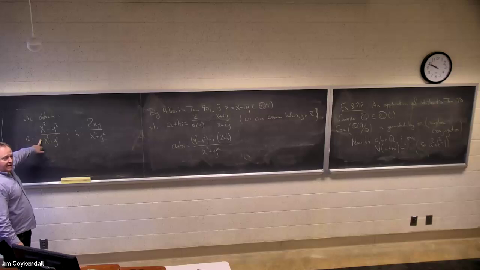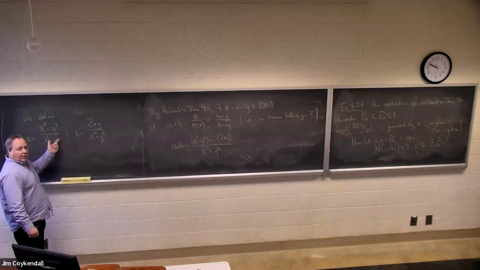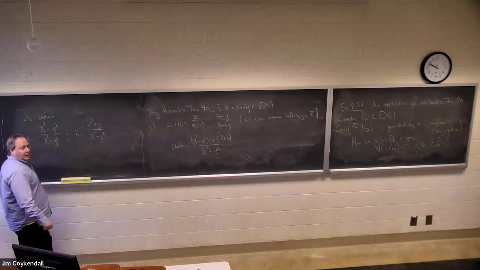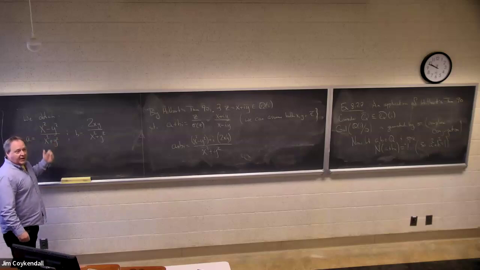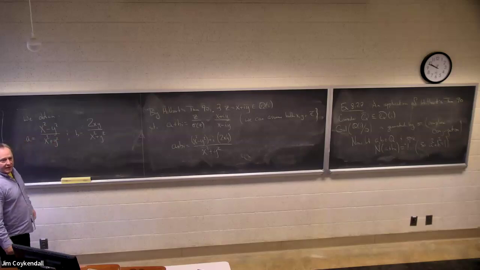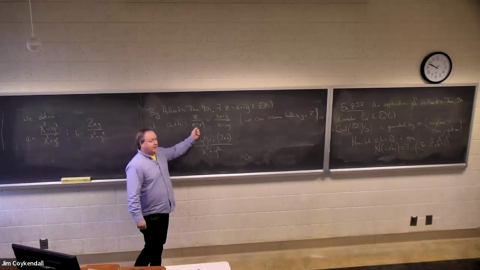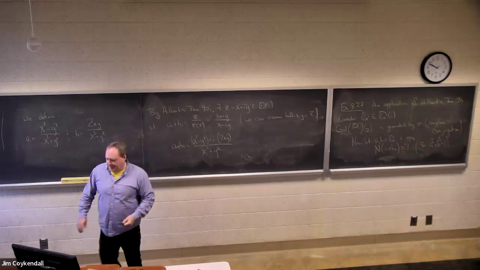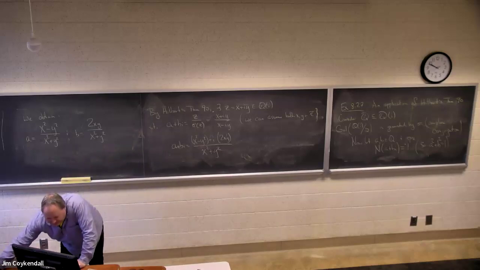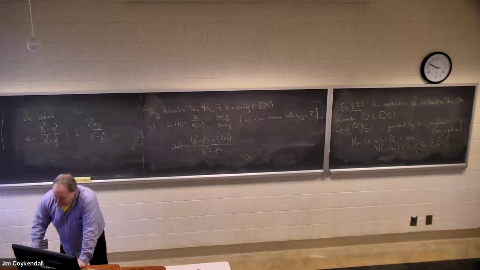If you have a and b being rational points on the unit circle, you can parameterize what they are this way. This is also a way that you can get Pythagorean triples. And all that comes from this observation with Hilbert's theorem 90. Okay, any questions?